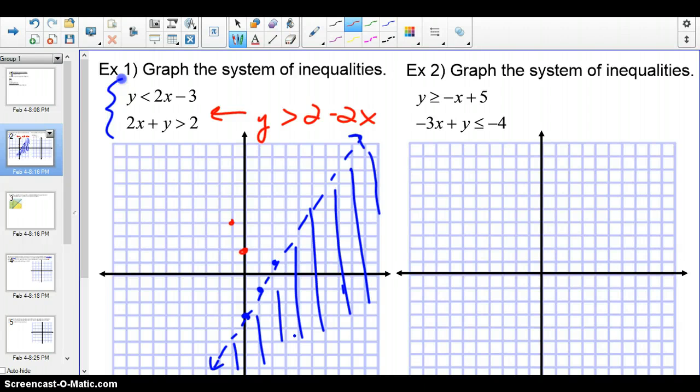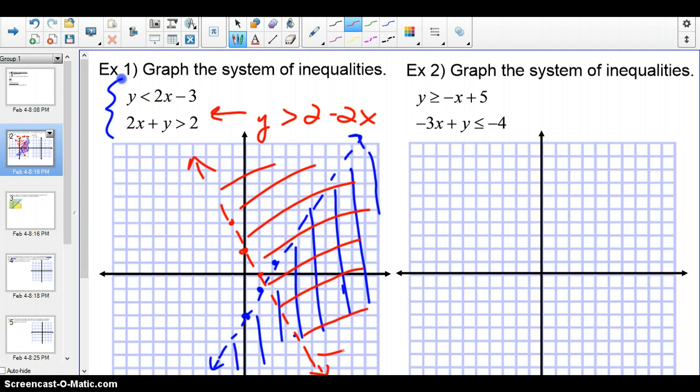And I can go in the other direction too. Okay, so this is, again, a dotted line. And my inequality symbol is y is greater than, so I'm going to be shading above the line.